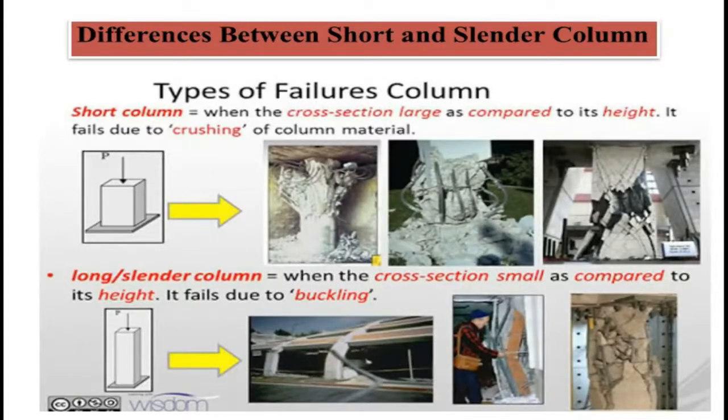So here we see types of failure of column. Tadi kita kata short column very easy to crush, while the slender column is easy to buckle. When the cross section is large as compared to its height, it fails due to crushing of column material for short column. While for slender column, the cross section is small as compared to its height.